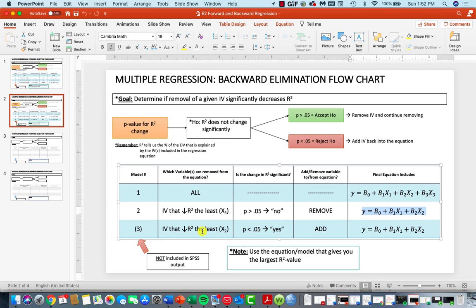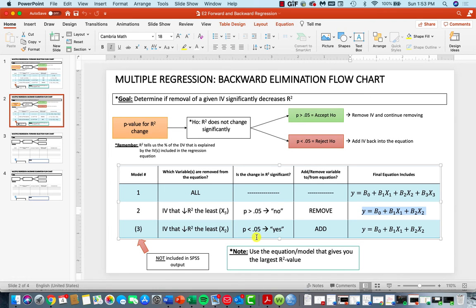So then we say, well, we've got 2 more variables to choose from, or to manipulate in this equation. So we're going to remove the independent variable that decreases R squared the least again. Let's say that's independent variable number 2, or x2. So we take it out of the equation, and then we evaluate how R squared changes.